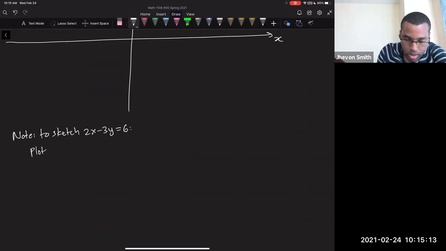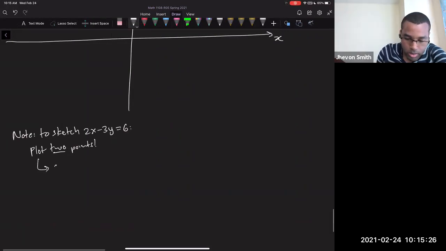Plot 2 points. Because your A and B are not 0, the intercepts are actually really nice points to do here. Actually, you need A, B, C are all not 0. So intercepts are convenient.